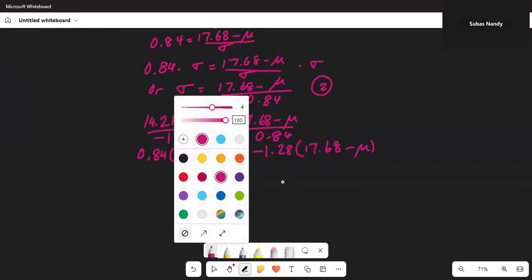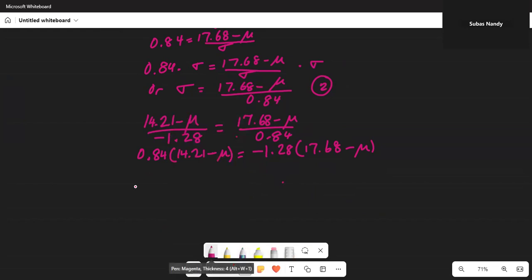I'll distribute the 0.84. So 0.84 times 14.21 is 11.93 minus 0.84 mu. And then I'll distribute the negative 1.28. So it becomes 17.68 times negative 1.28, which is minus 22.63, and then plus 1.28 times mu.